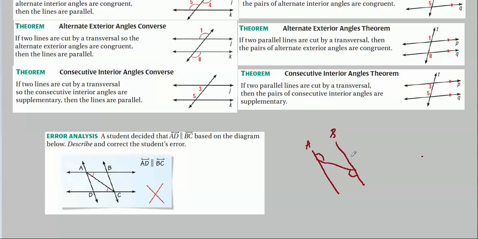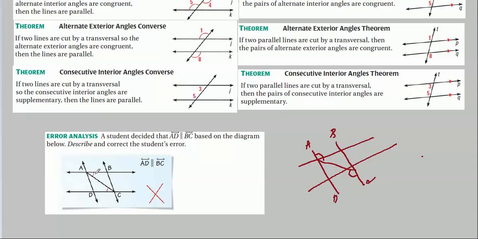Now what happened was this person got confused because they drew in a couple of extra lines which may or may not be parallel, to just confuse the issue and show you that this angle and this angle are equal. Well, that's nice, but they have nothing to do with anything, not as far as AD and BC are concerned. So that's really where he made his mistake.